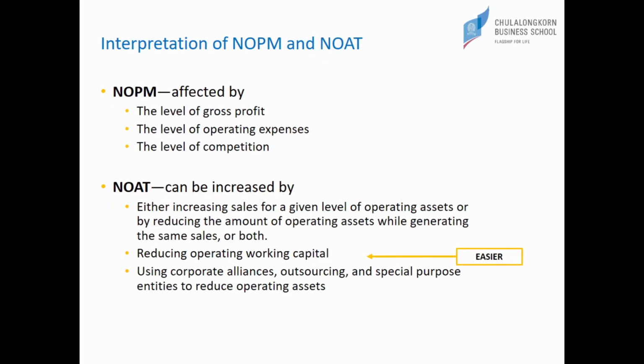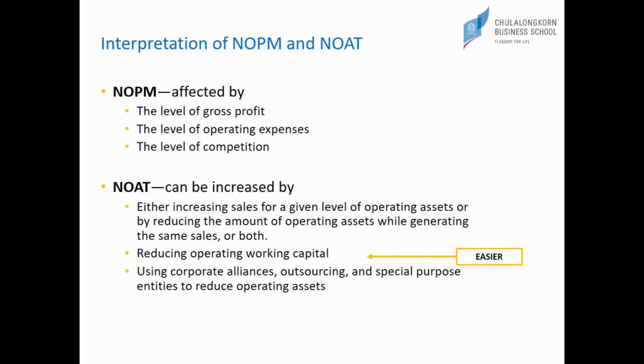So it's very important to know what the factors are that affect this NOPM and NOAT. Okay? So NOPM, the profit margin, is affected by the level of gross profit, the level of operating expenses, and the level of competition.